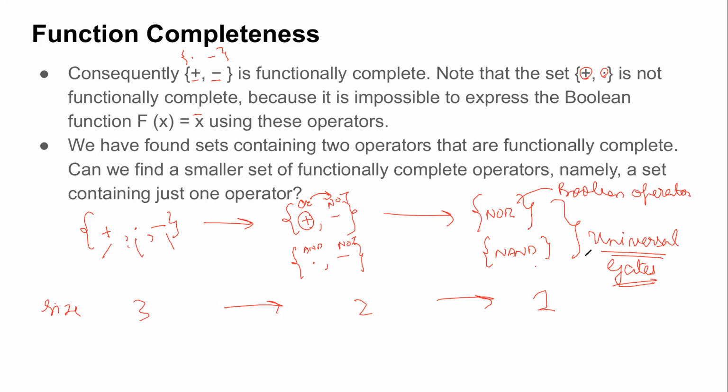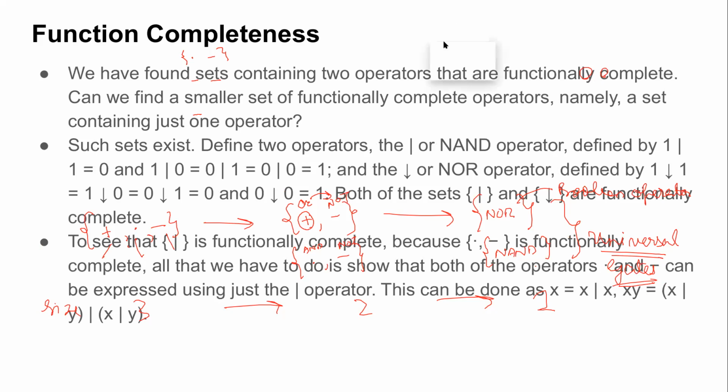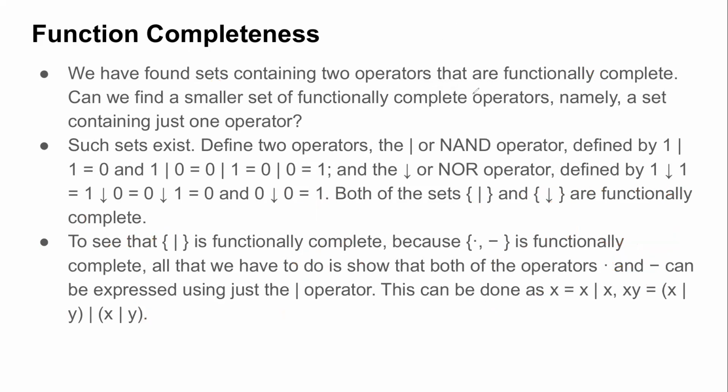So let us see the NAND and NOR gates. NAND and NOR gates are the smallest possible Boolean functionally complete sets. Sometimes NAND is represented by this vertical dash. NAND, if you recall, is simply AND followed by NOT.